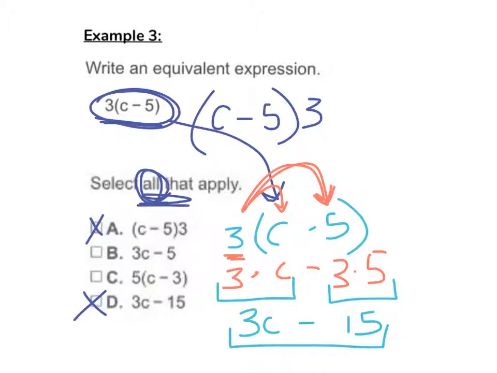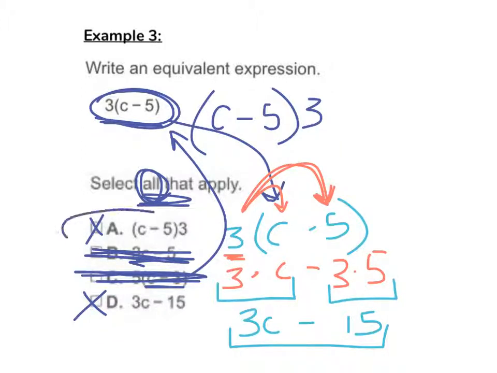Yes, that would be letter D. The reason why letter C is not going to work is because notice what's in the parentheses is not what we started with. So this would not be equivalent. Same thing with B. Notice that with B, they only shared the 3 with the c and not with the 5. So this would also not be equivalent. So A and D would be our equivalent expressions for example 3.